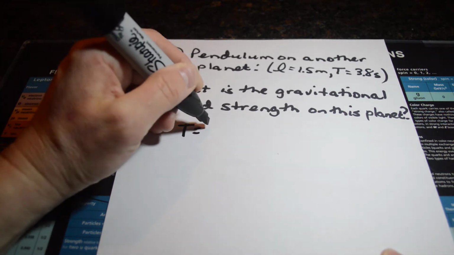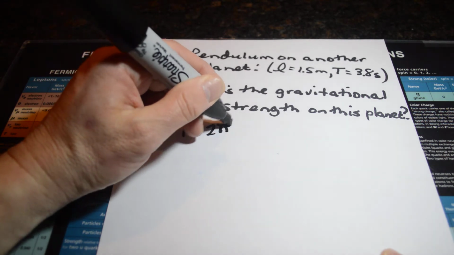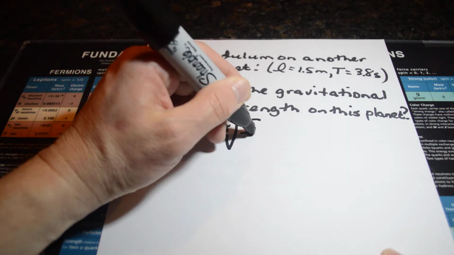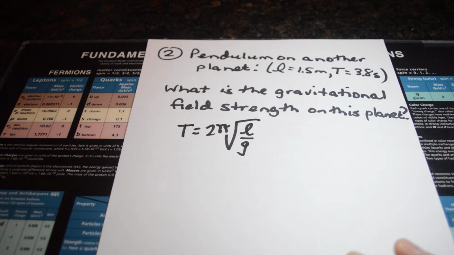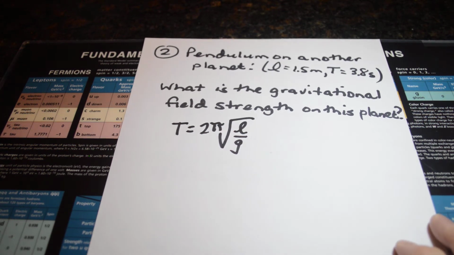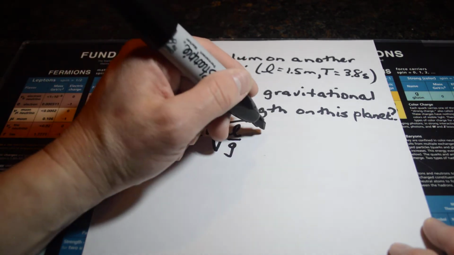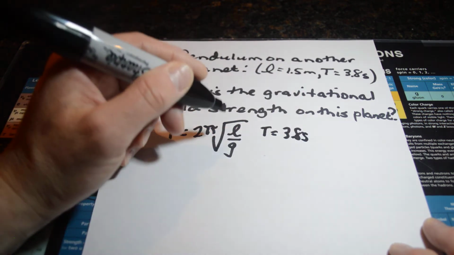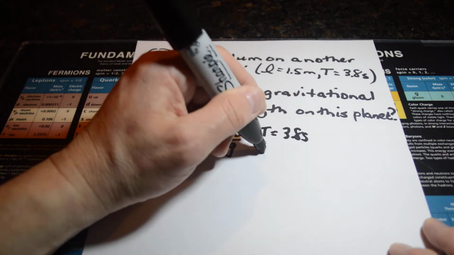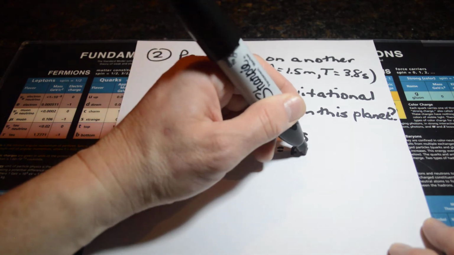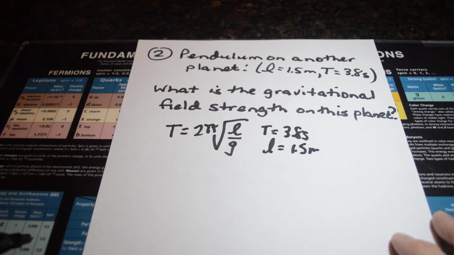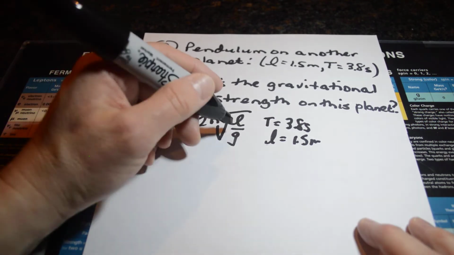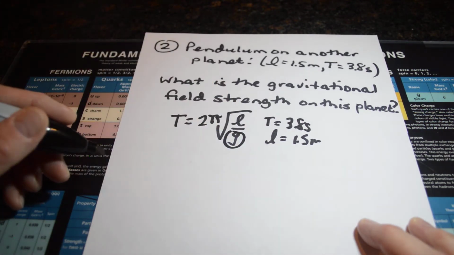So you know that for a pendulum, you've got the equation T equals 2 pi square root of L over g. What is g? That's what we're looking for.